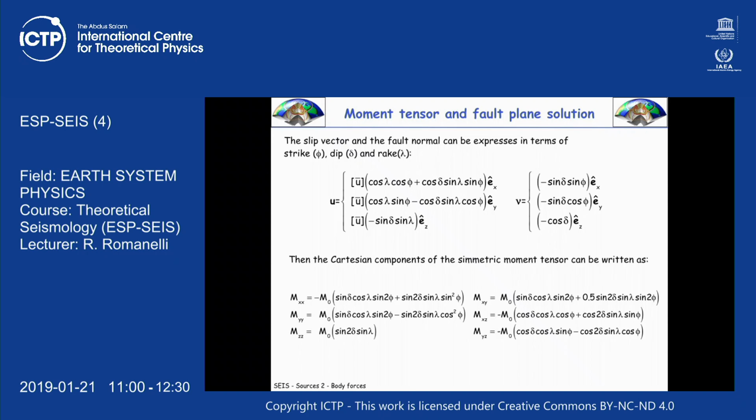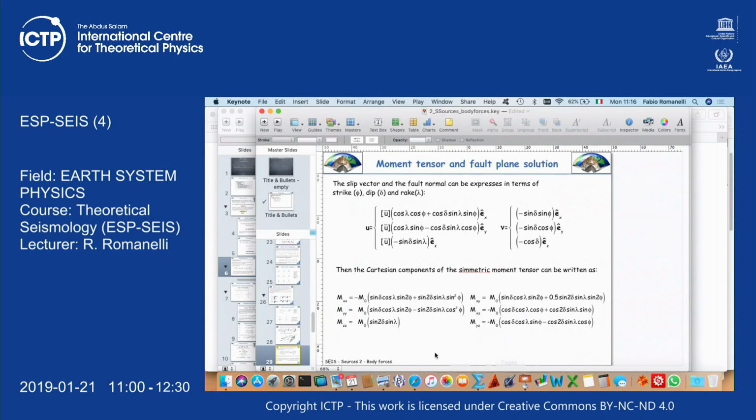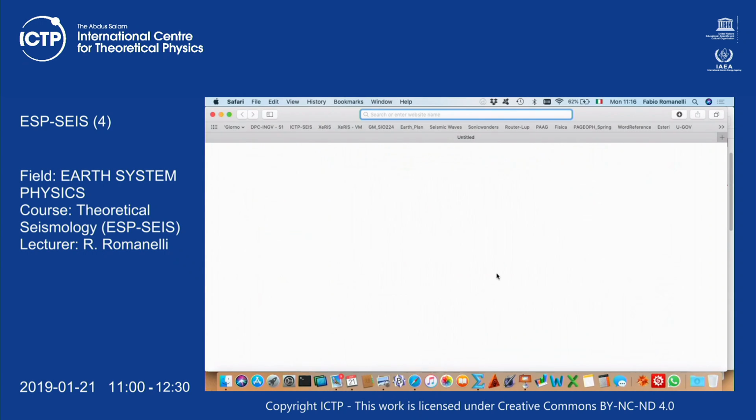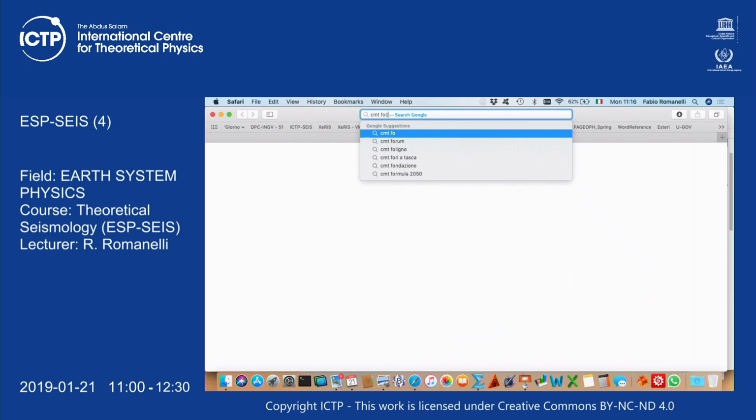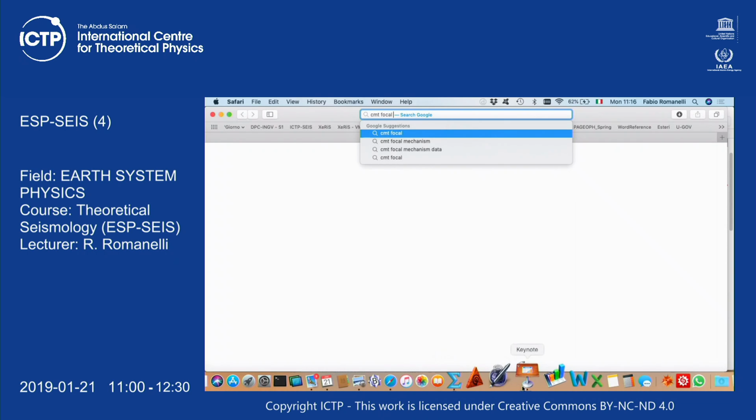Why am I showing you this tricky algebra here? Well, because if you go to, for example, the CMT focal mechanism page, where I was also putting the introduction, yes, let's use that one.